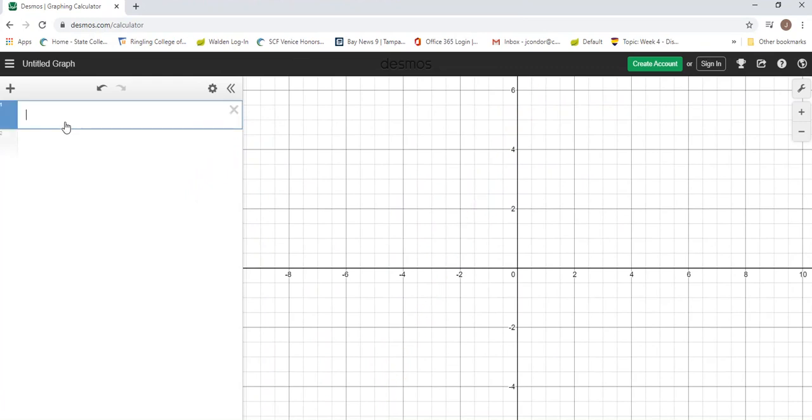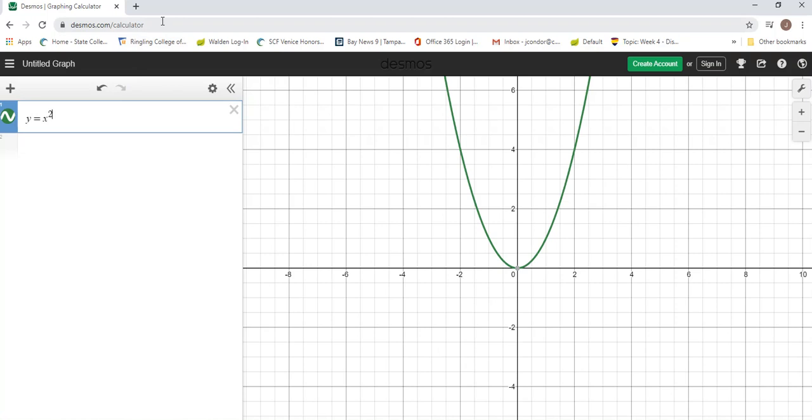Let's do y equal to x squared plus 1. Now, if I want to reflect it about the y, I can put a negative right here in the front.